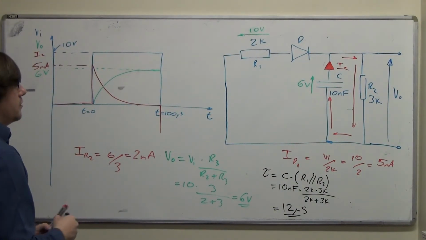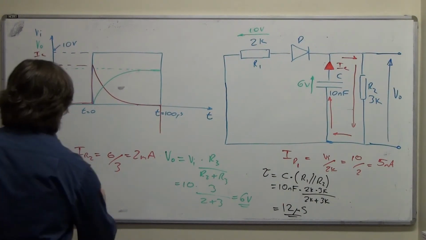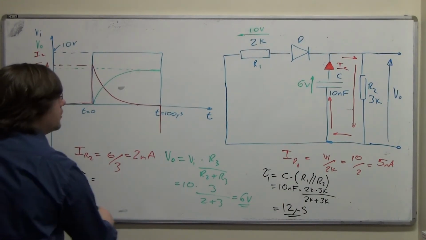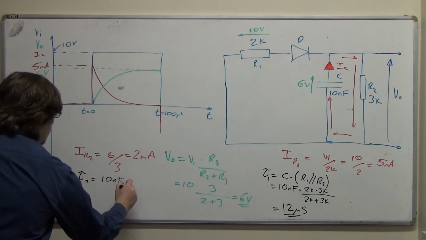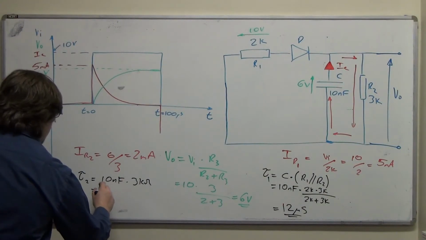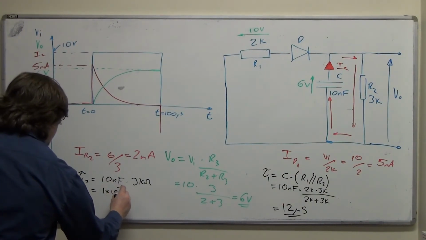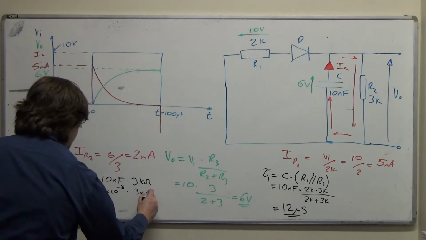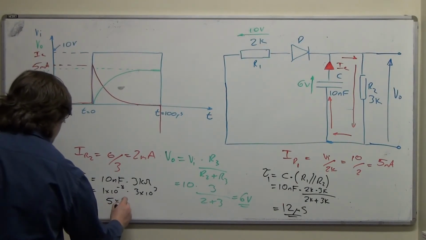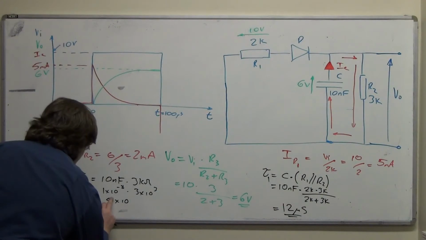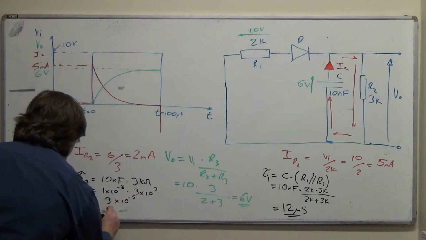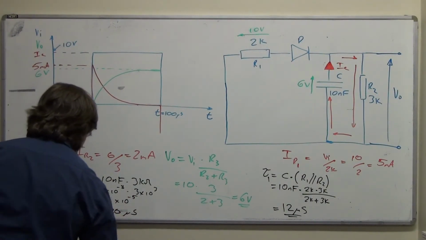The time constant is now 10 nanofarads in parallel with 3 kiloohms. So our new time constant, we'll call this tau 1, call this tau 2, will be 10 nanofarads times 3 kiloohms, which is 1 times 10 to the minus 8 times 3 times 10 to the 3, that's 3 times 10 to the minus 5, which is 30 microseconds.